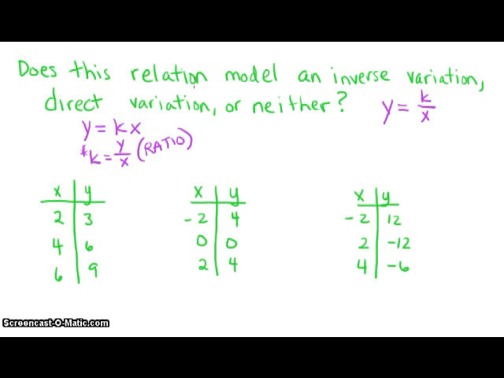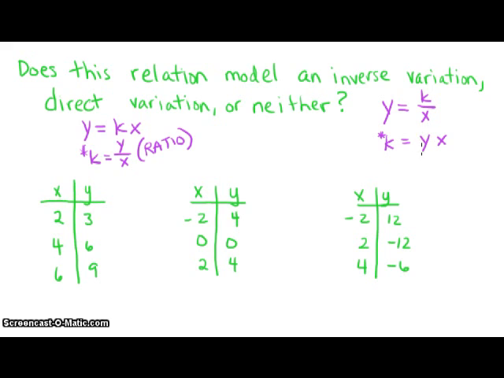So if you get the same ratio in every single ordered pair, you know that you have a direct variation. If we solve the inverse variation equation for k, we'd multiply by x on both sides, and we would get that k is equal to y times x. So again, this constant will have to stay the same.